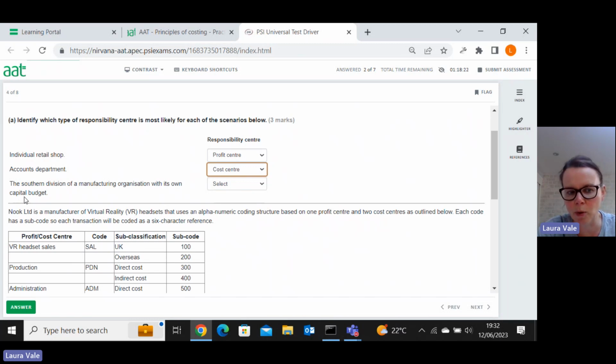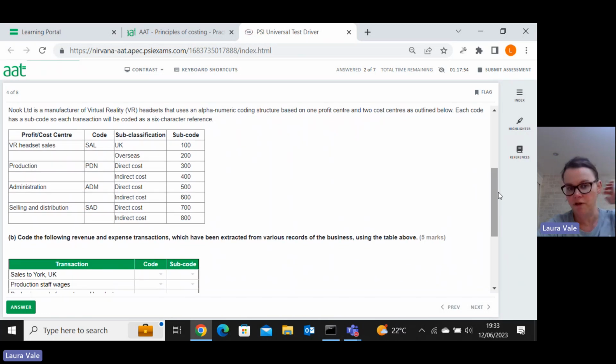Capital is talking about the assets. It's a division of a bigger organisation, but it has responsibility for the assets. So this one quite clearly is an investment centre, which kind of backs up that the first one is indeed a profit centre.